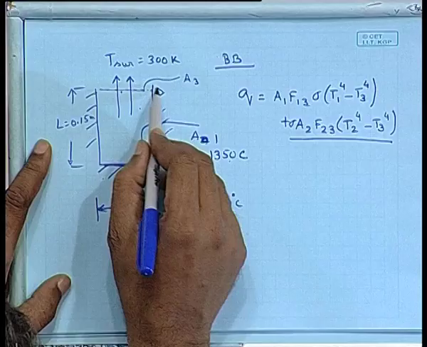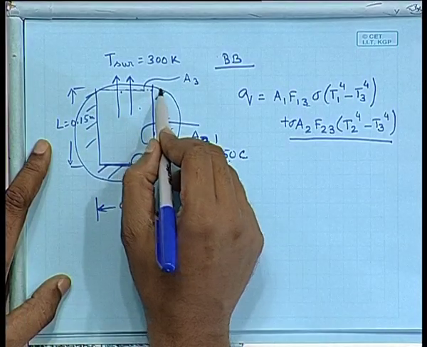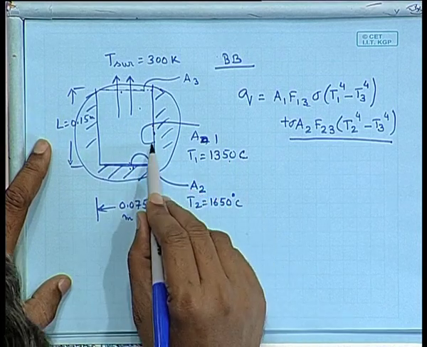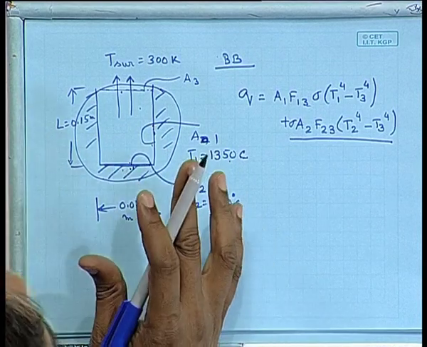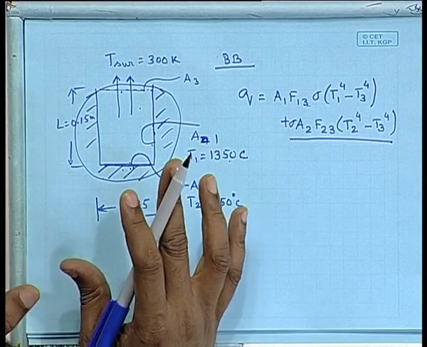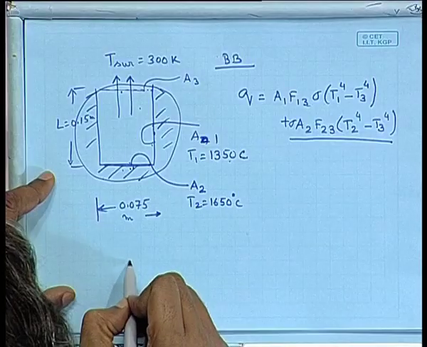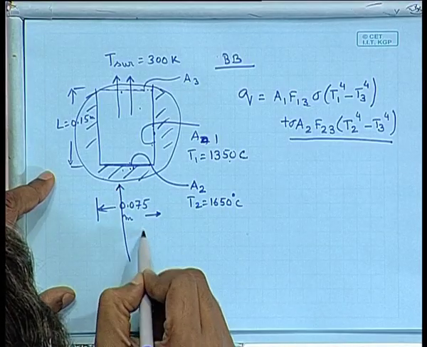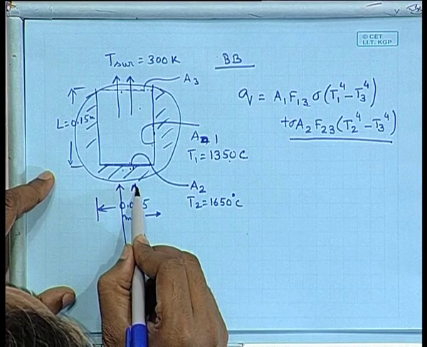But if I take this as the control volume, the interaction between 1 and 2 is confined within the control volume. So, I do not need to consider the interaction between the two when I am trying to find out how much energy I have to add from outside to the control volume.